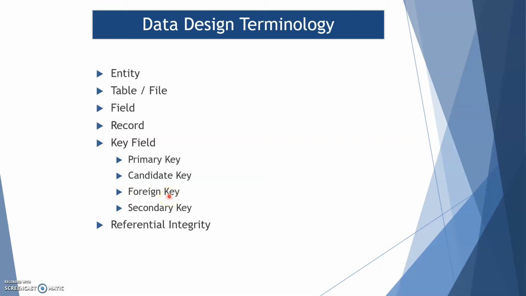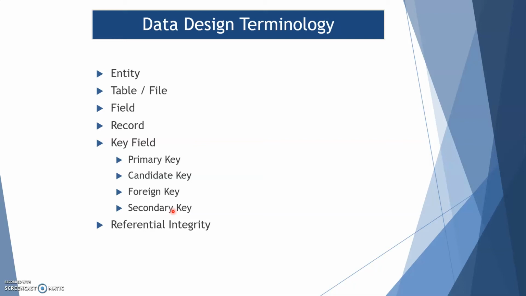A foreign key is a field in one table that must match a primary key value in another table in order to establish the relationship between the two tables. Lastly, the secondary key is a field or combination of fields that can be used to access or retrieve a record.